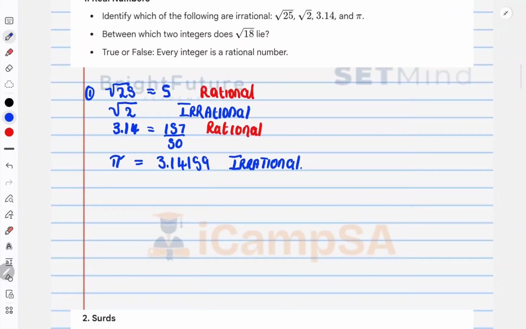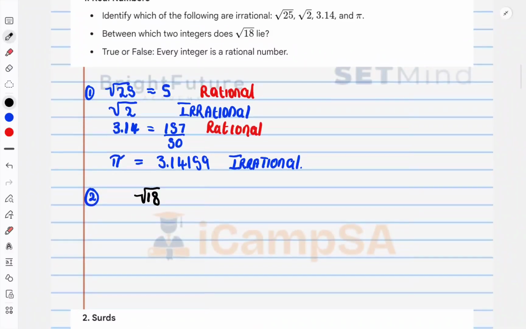For number 2, we are asked to find between which two integers the root of 18 lies. We know that the root of 18 is not a perfect square. In order to find between which two integers the root of 18 lies, we need to find the two perfect squares that the root of 18 lies between.